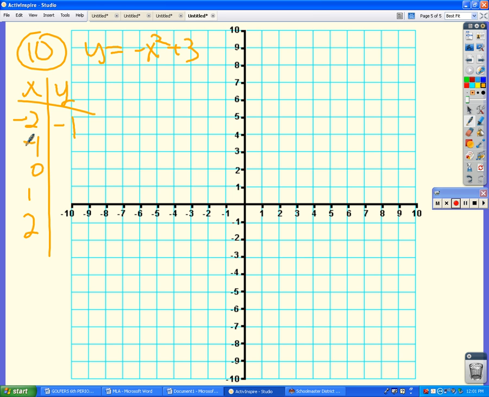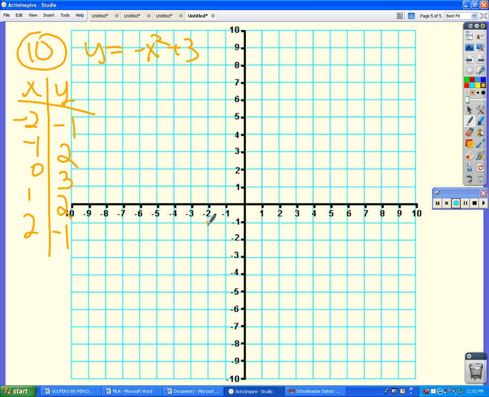Okay? If I put -1 in there and square it, I get 1, right, which makes it -1 plus 3 is going to be +2. If you put 0 in there, you get 3. And then this is going to loop back around. So if I put 1 in there, I'm going to get 2 again. And if I put 2 into there, I'm going to get -1. So now I'm ready to graph this.